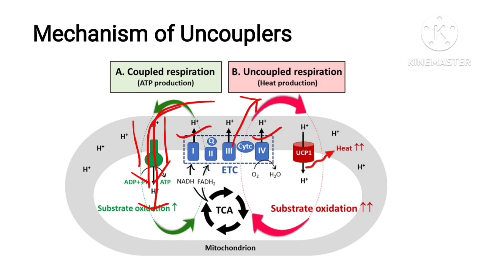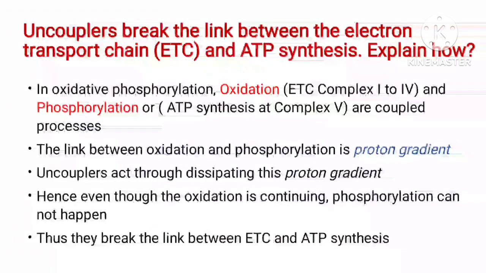But these uncouplers produce one more channel through which the protons enter the mitochondrial matrix. This leads to the dissipation of the free energy as heat. So uncouplers break the link between the electron transport chain and ATP synthesis.